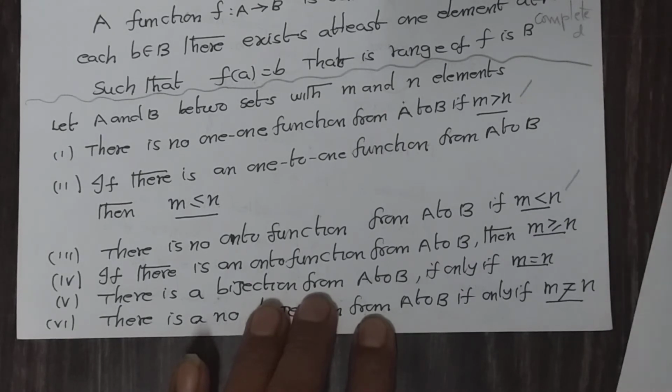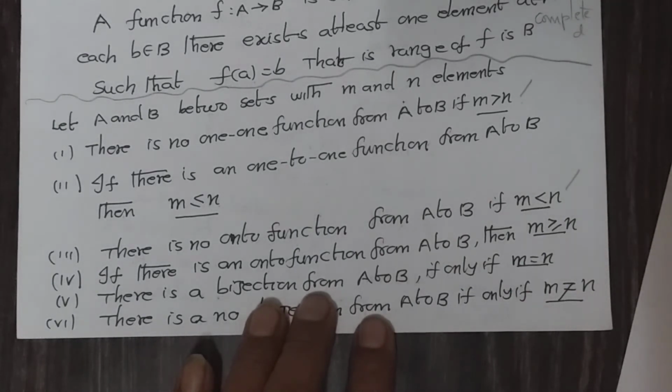So these 2 cases: when will a 1 to 1 function not come? When the number of elements in set A is greater than the number of elements in set B. For onto function it is the opposite: the number of elements in set A is less than the number of elements in set B. Those 2 cases finished. If there is a 1 to 1 function from A to B, then m is less than or equal to n. The value of m should be less than n.